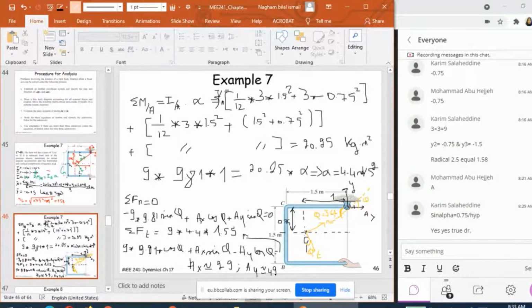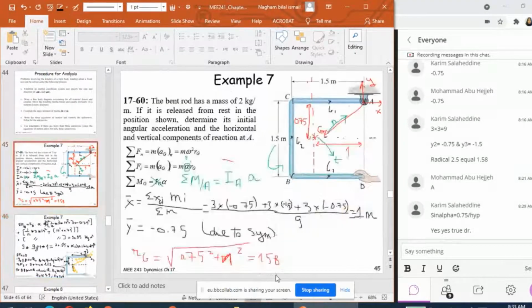Alright, guys? So that's it. Of course, guys, you can apply this Ig times alpha, and you have to find Ig in the same manner. Ig is the mass moment of inertia around G, so it's around G1 plus md squared, around G2 plus md squared, and around G3 plus md squared.